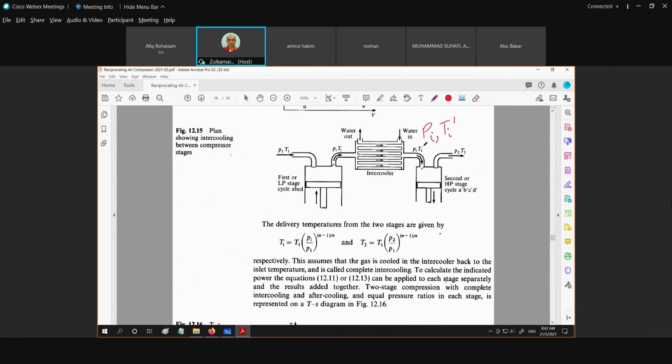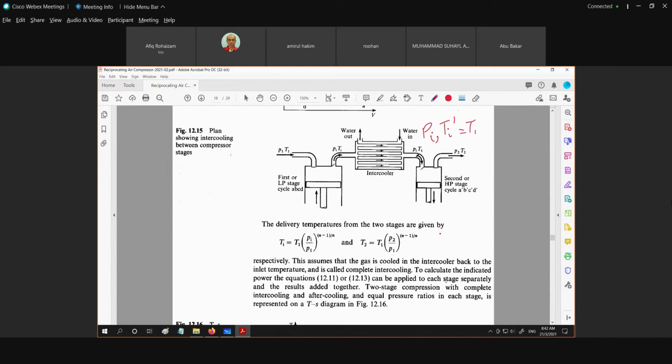Tetapi sekarang ni di sini ditulis T1. Jika T1 prime is equal to the value of T1, which is this value, kalau nilai T1 prime equal to T1, in this case, dia tahu sini adalah T1, P1 T1.